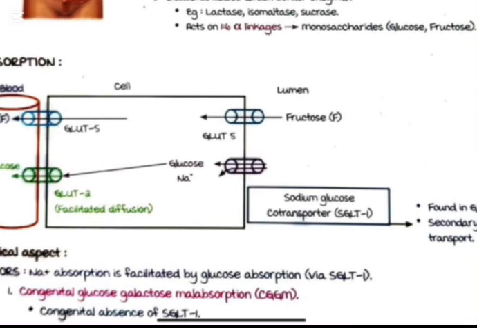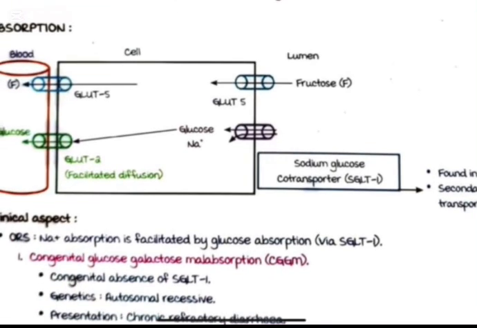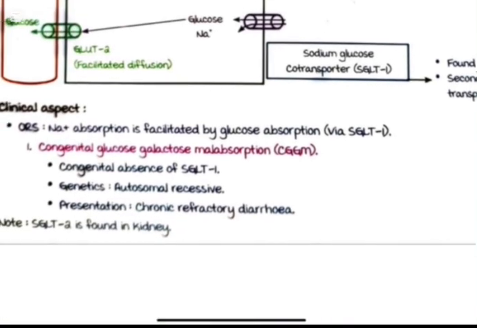SGLT1 is found in the GIT, secondary active transport. Fructose enters through GLUT5, glucose enters along with sodium through SGLT1, going to GLUT2, facilitated diffusion of glucose into the blood, and fructose going through GLUT5 into the blood.